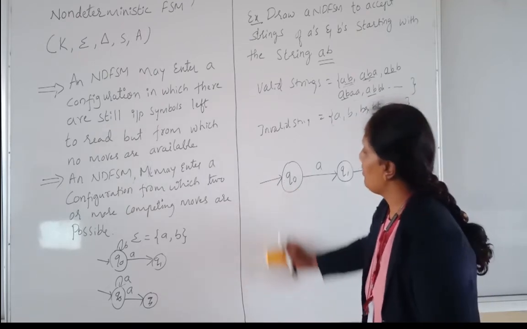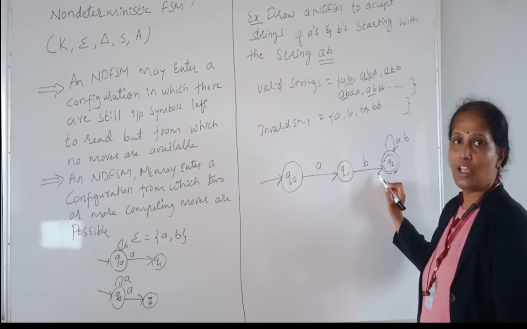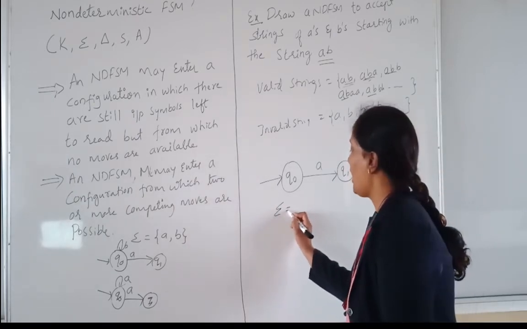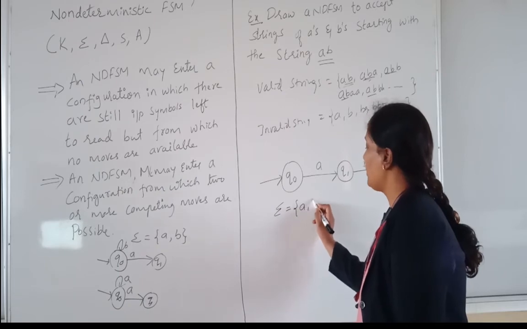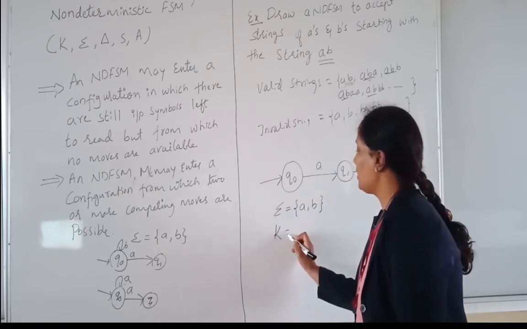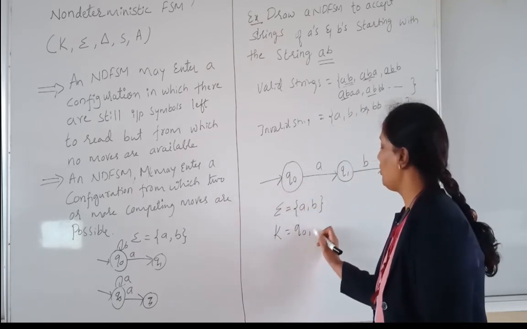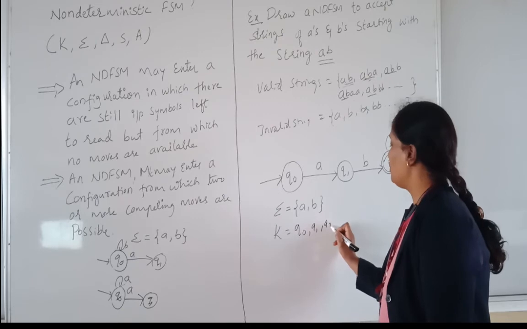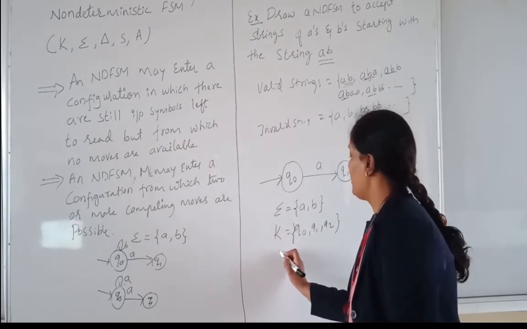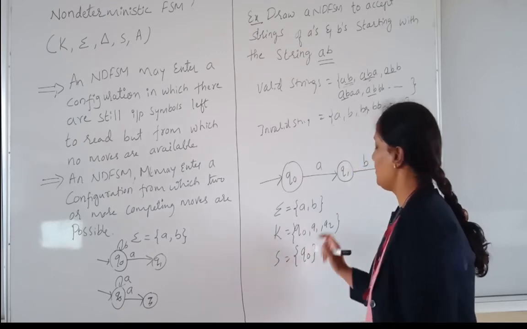Next, you should represent this NDFSM using 5 tuples. What is the first tuple here? Alphabet. The alphabet in the language is A and B. Next, K is the set of states. How many states are there in the NDFSM? Q0, Q1, Q2. Next, S is the start state here, so Q0 is the start state.